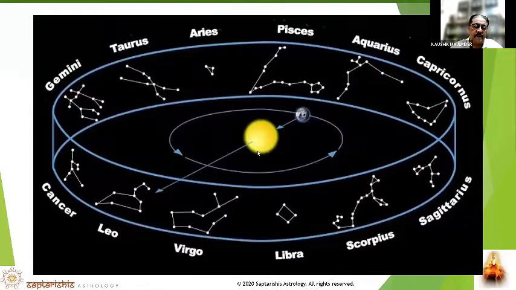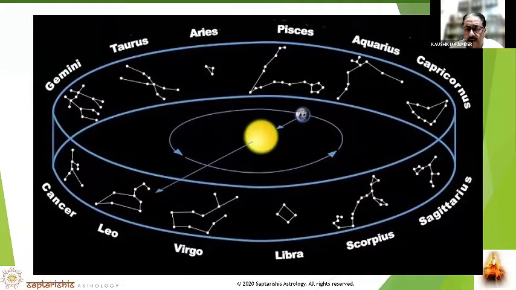This is also the same thing. Here from the earth we are viewing it. This is the zodiac belt, and the signs are marked here. Please note that signs are nothing but a collection of stars.